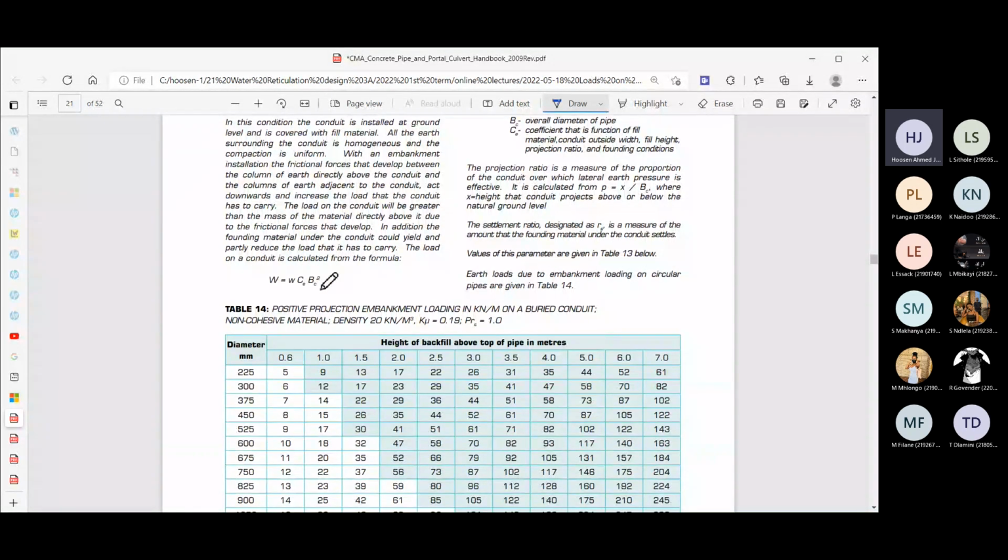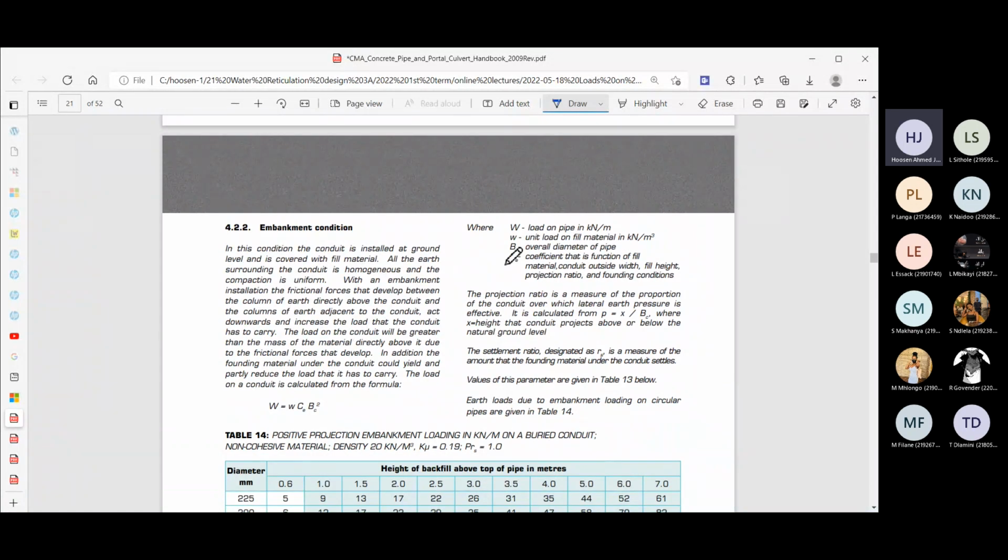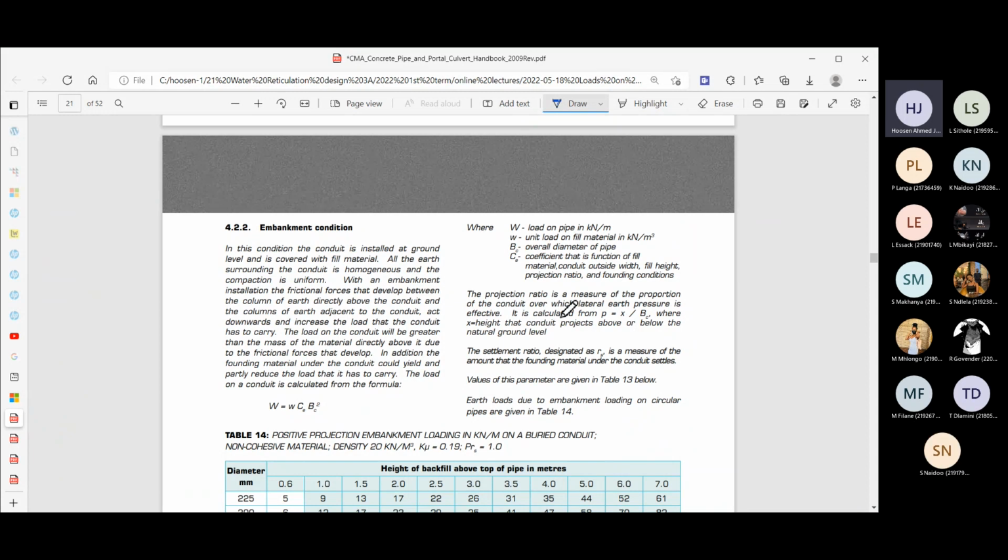The CE is for embankment conditions, and the CT is for trench conditions. So there is a graph here that you read it off with.